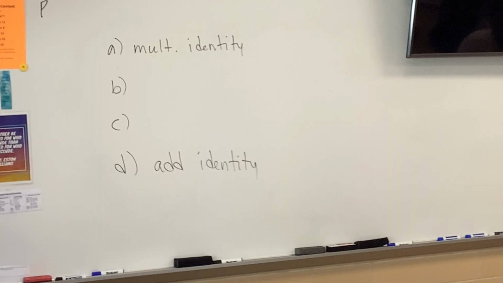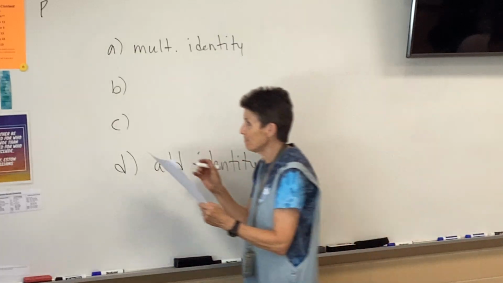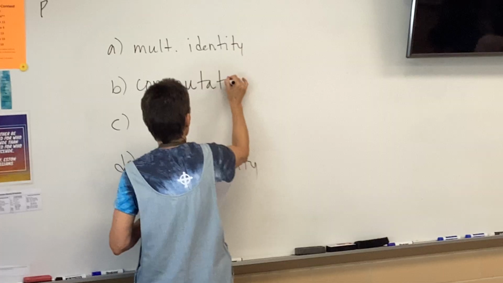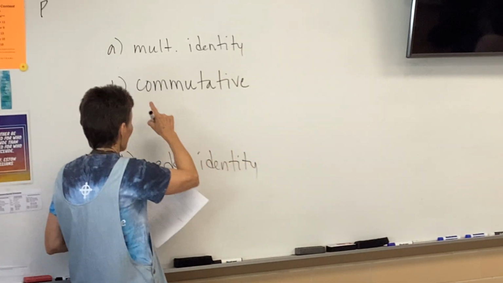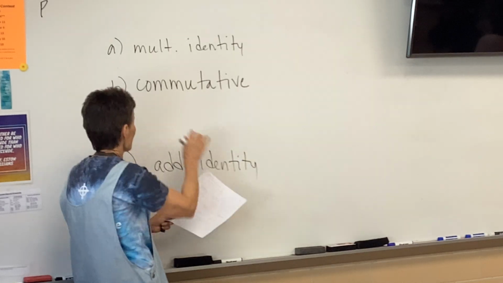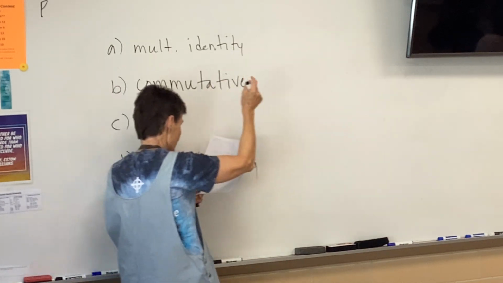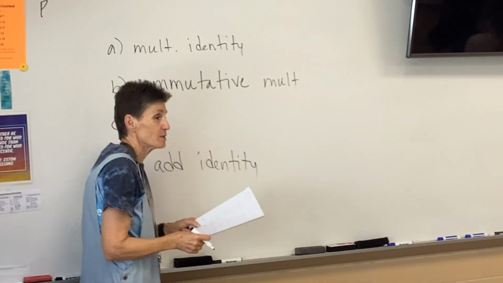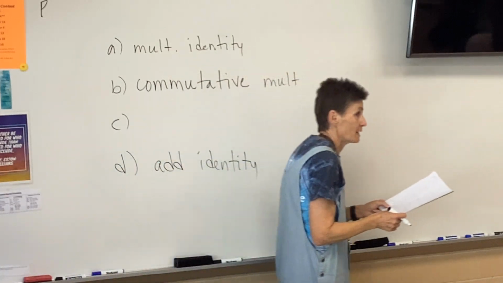We switch positions, right? From home to school or whatever. That is commutative. So problem B is commutative. You can abbreviate that word, but I want to write it all out once so you can see what the word looks like. Commutative, and it's multiplication. So it's the commutative property of multiplication.